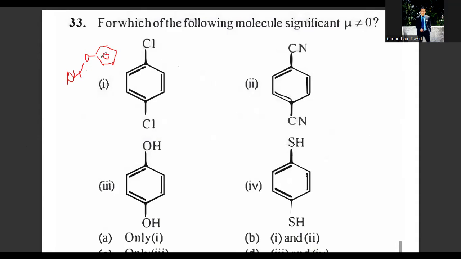One is at the para position, and the others have the hydroxy group present. Okay, one is thiol and cyanide.